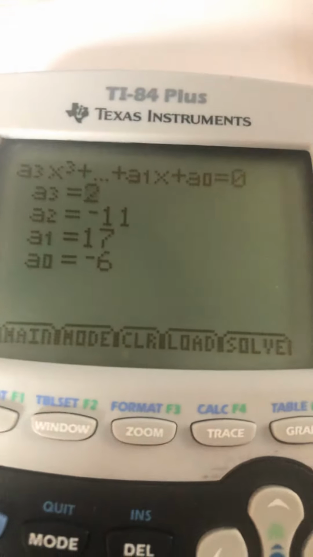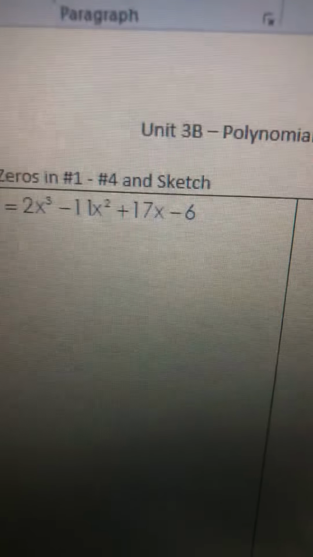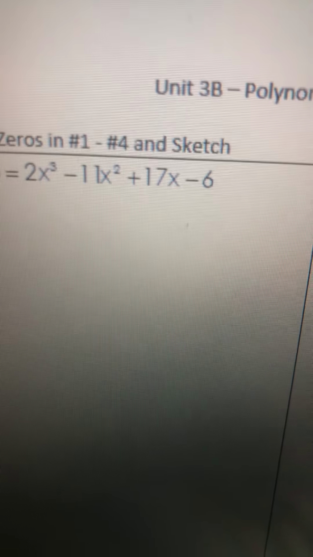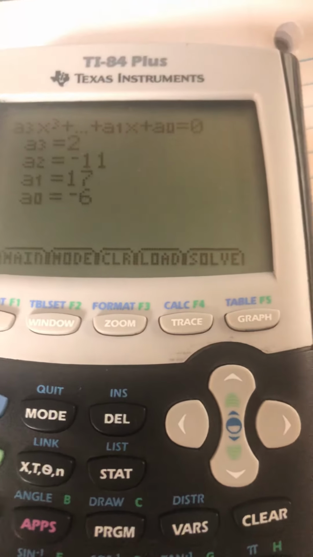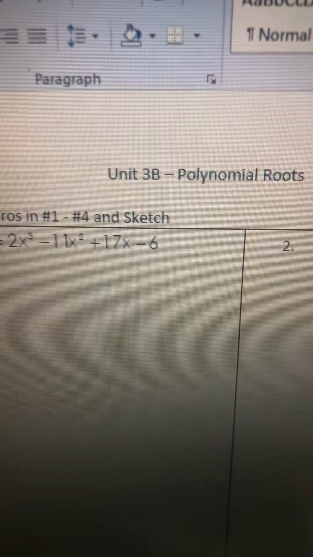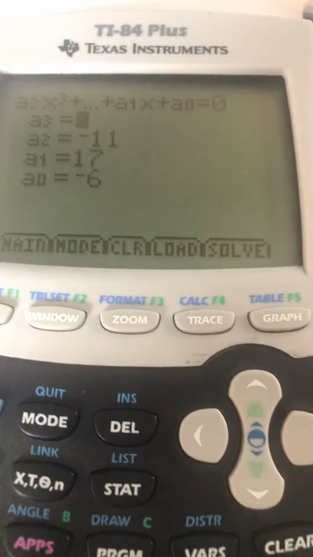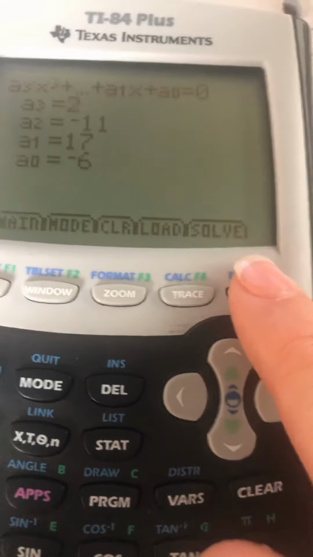Then A2 is negative 11, the coefficient of your x squared. Then A1 is 17 because your coefficient of x to the first power is 17. And lastly, our constant of negative 6. Then we're just going to hit solve.